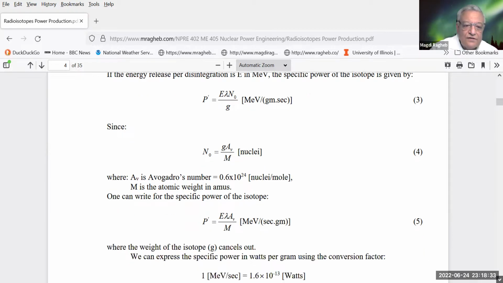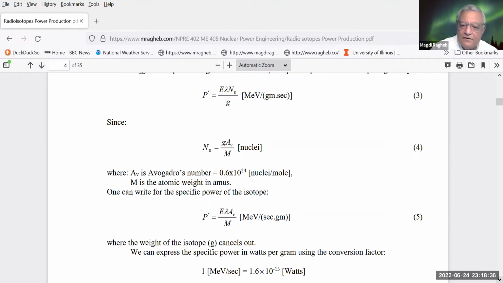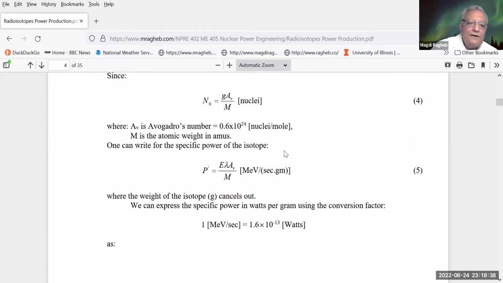So this is the power per unit mass. Let us convert our million electron volts into watts. And the 1 million electron volt is 1.6 10 to the minus 13 joules. So if you take it per second, it becomes joules per second. So 1 million electron volt per second can be turned into watts.